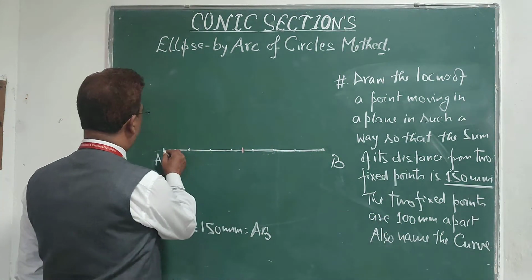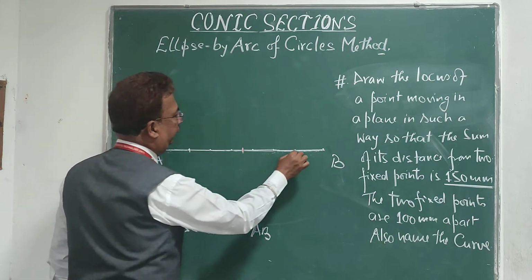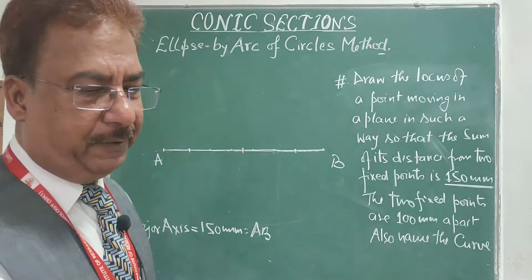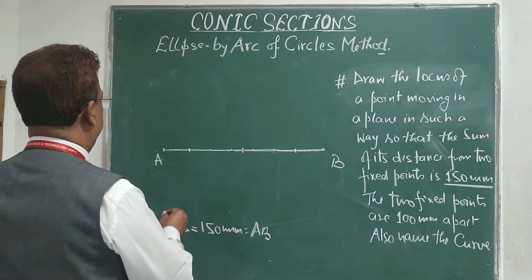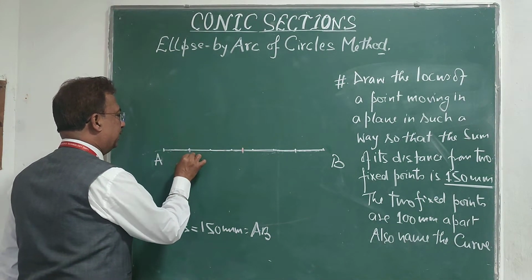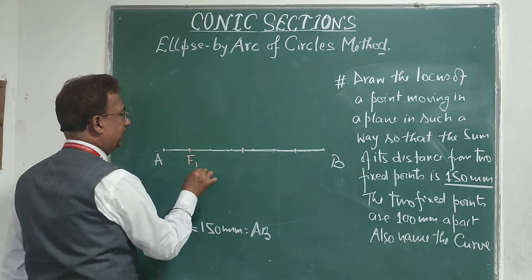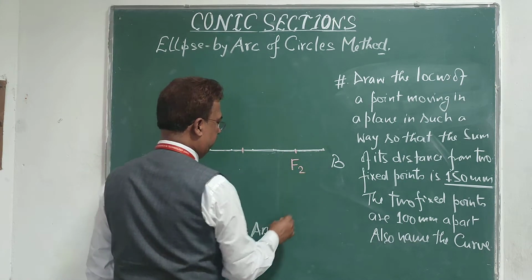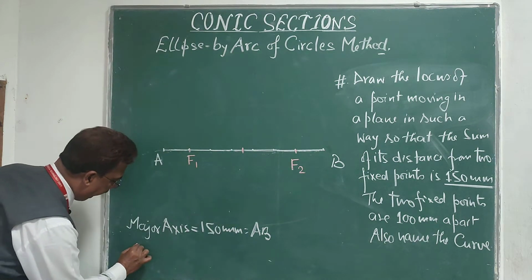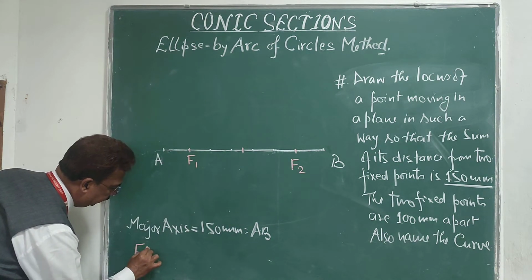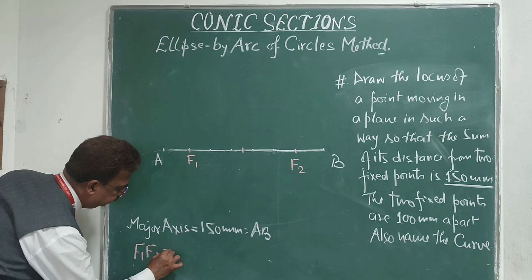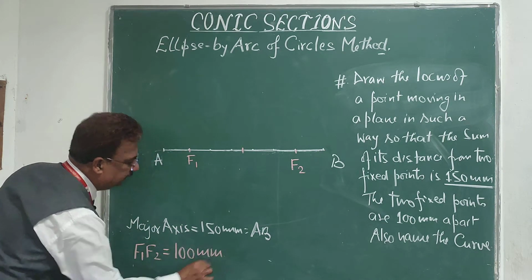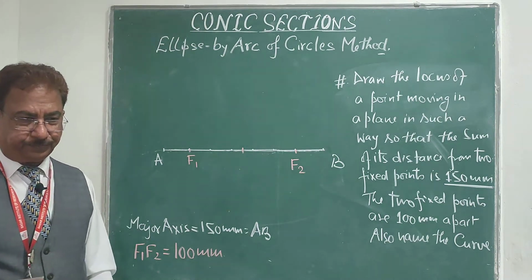It means 25 from A and 25 from B, that is 50 divided by 2. That will be the foci of the curve. So this is the first focus of my ellipse, F1, and this will be F2, and F1F2 will be equal to 100 mm. That is also given in the problem.